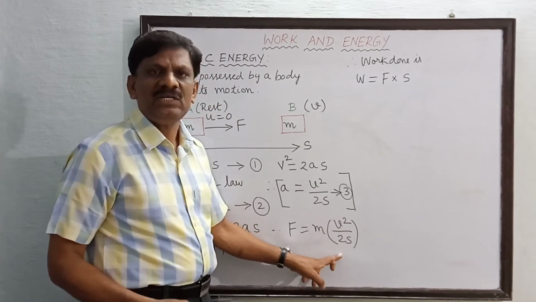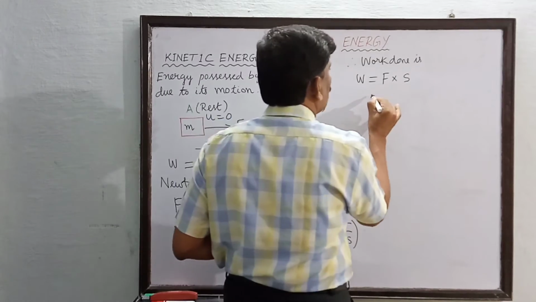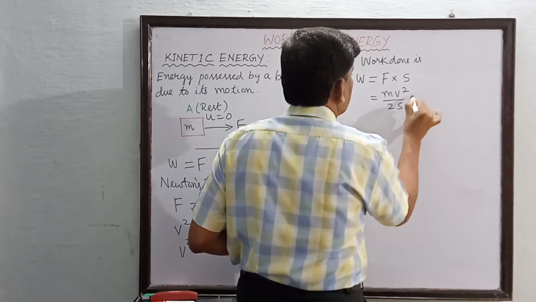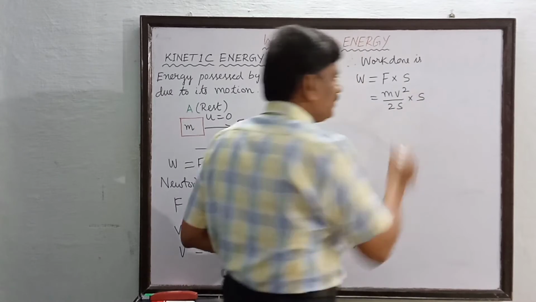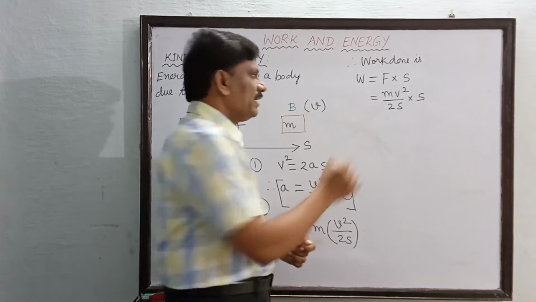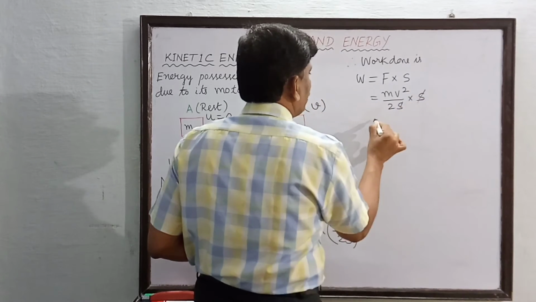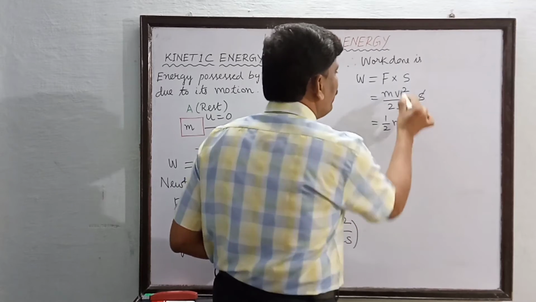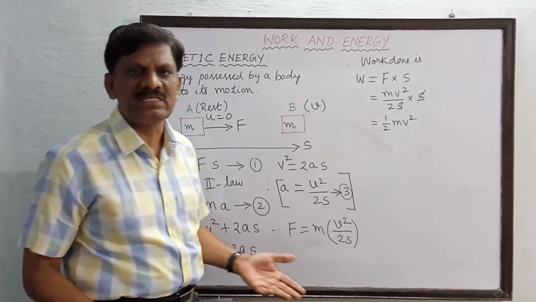M V square by 2S. So this is equal to M V square by 2S into S. Which factor is getting cancelled here? S is getting cancelled. This is now equal to half M V square. M V square by 2 is nothing but half M V square.